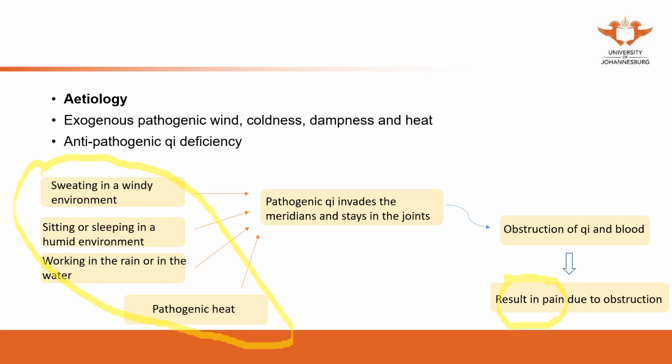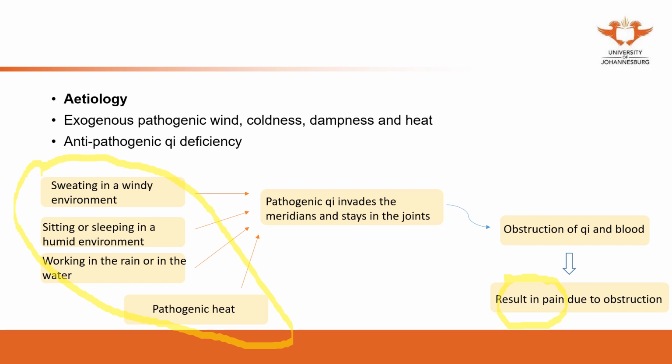A very typical symptom is that the patient feels worse a few days before the weather changes. It's very similar to a weather forecast. The pain becomes worse for a few days, and then after a few days, the weather changes.